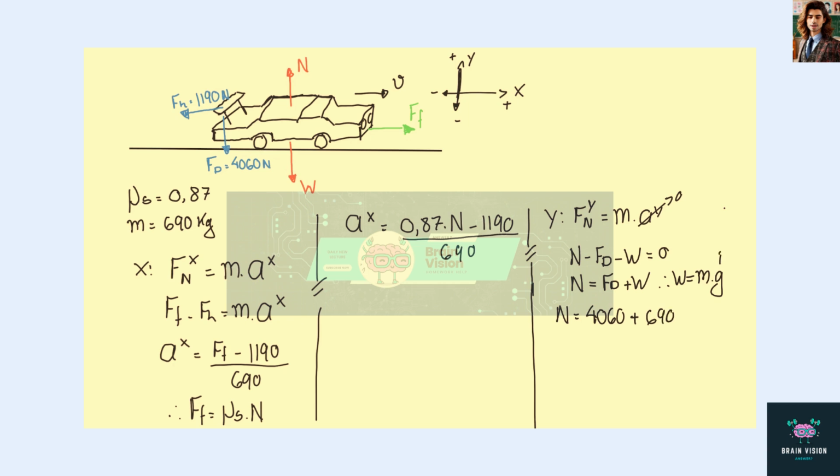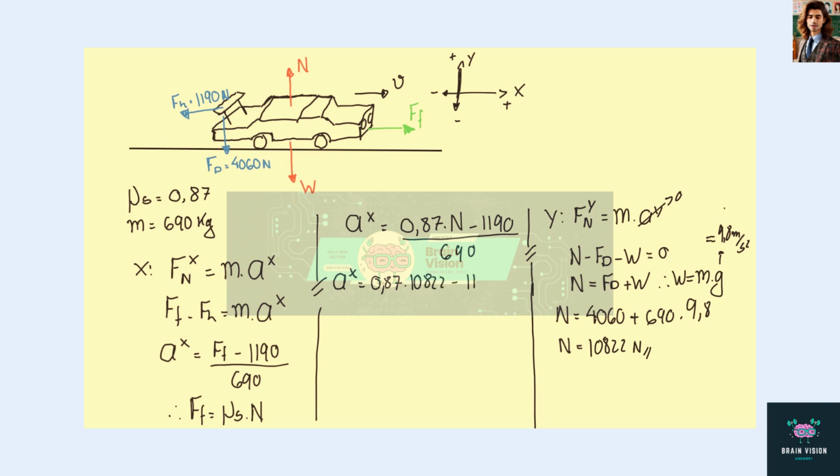And remember, the acceleration of gravity is approximately 9.8 meters per second squared near the surface of the Earth. So we have this. Then, the normal force is equal to 10,822 newtons.